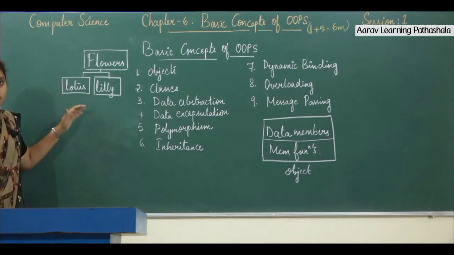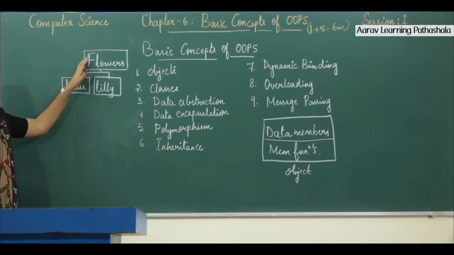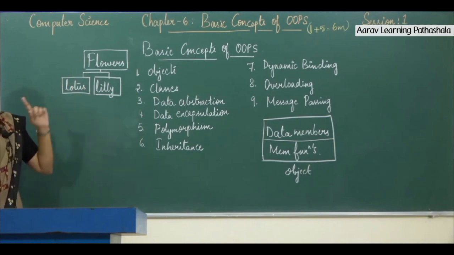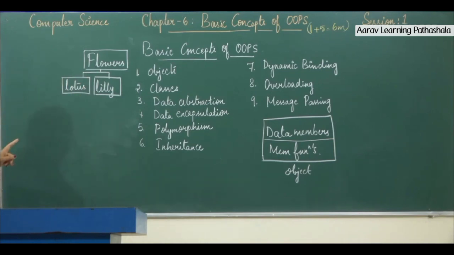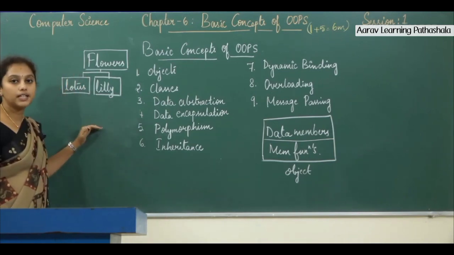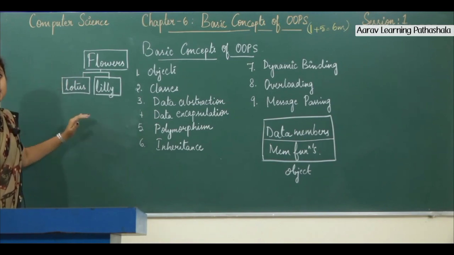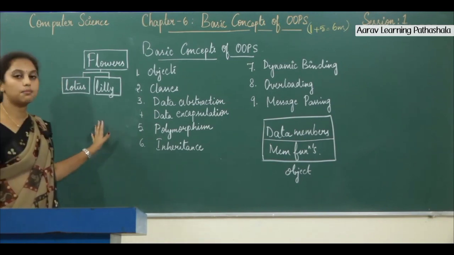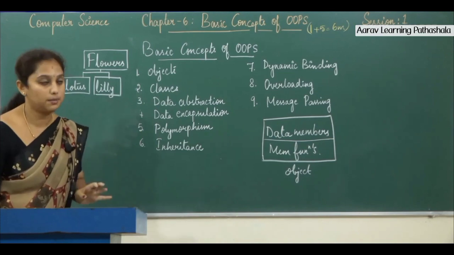It is a mechanism in which the features of one class are inherited by more than one class, and it employs one-to-many relationship. So this is about inheritance and its types.